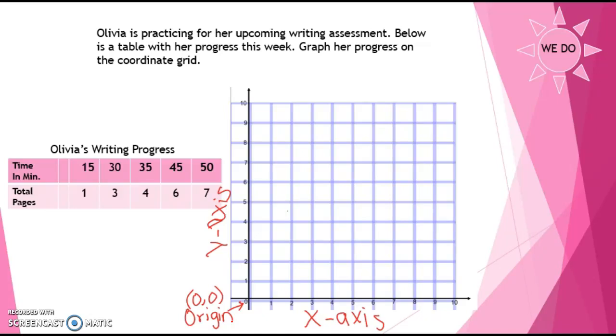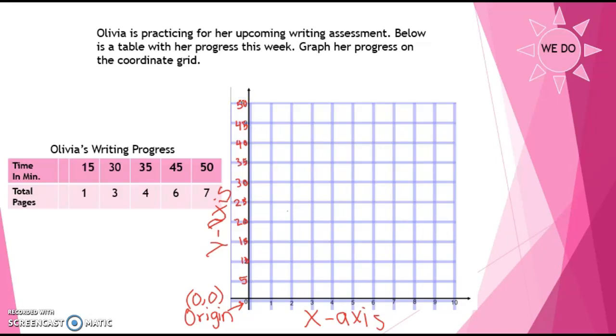So since we have a range from 15 to 50 and we're counting by 5s and 10s, I'm just going to start here and I'm going to make this a 5 and this a 10 and this a 15, 20, 25, 30, 35, 40, 45, 50.